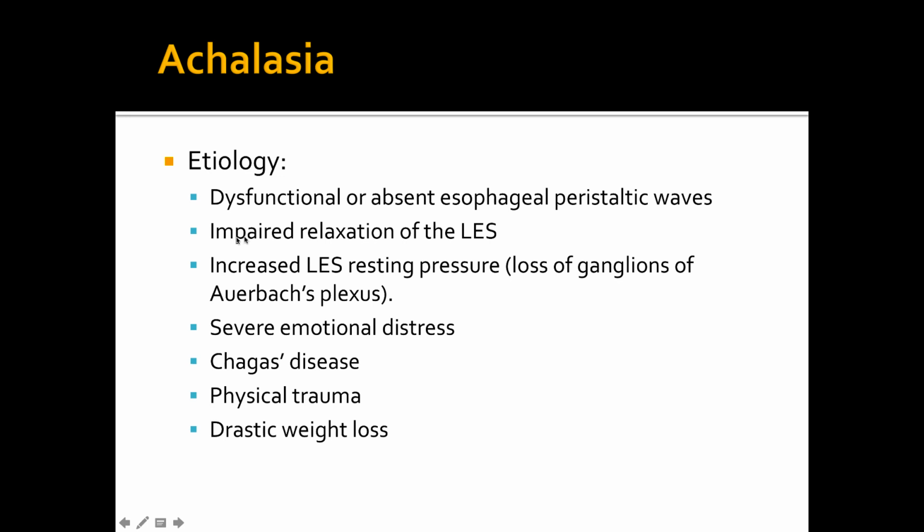As we said, there's impaired relaxation of the lower esophageal sphincter, and the etiology is due to a loss of ganglion cells of Auerbach's plexus between the muscle layers. You'll get asked about Chagas disease every once in a while. It's usually found in South America. The disease-causing organism is Trypanosoma cruzi.